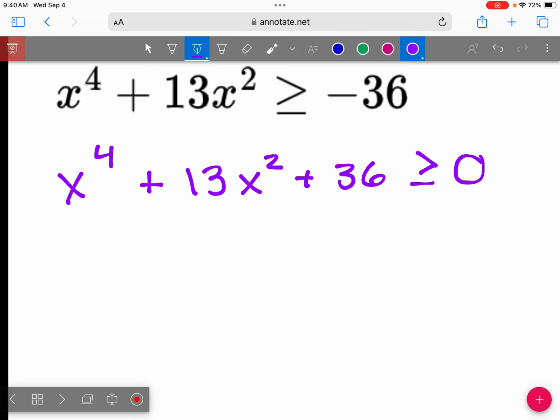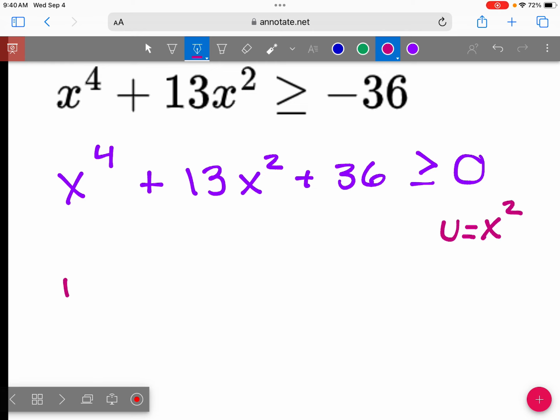What do we notice about this? It is a 4th. We could do a u substitution. This is a quadratic type equation. I could set my u equal to x squared.